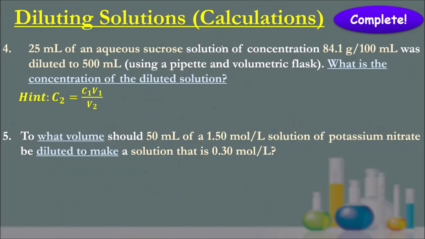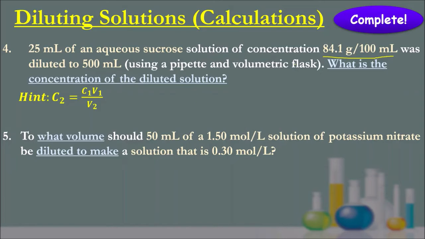Next one we'll move on to is just a couple of other additional calculation questions. So please have a go at these calculations. This time we have a concentration of 84.1 grams over 100 milliliters and diluted to 500 milliliters.